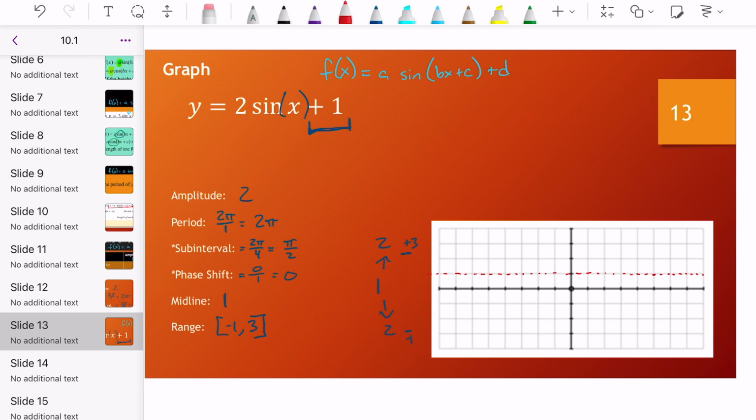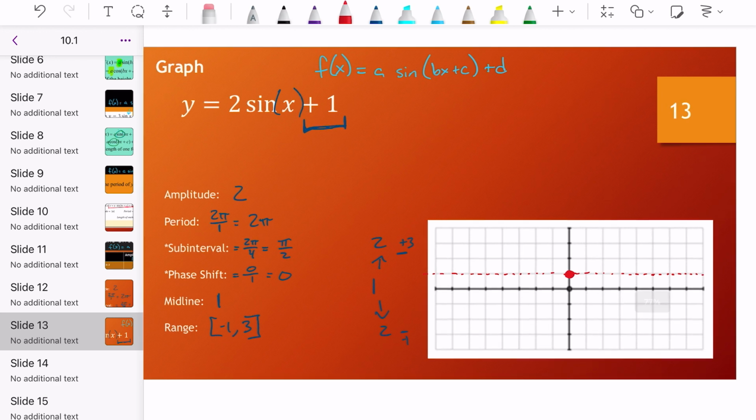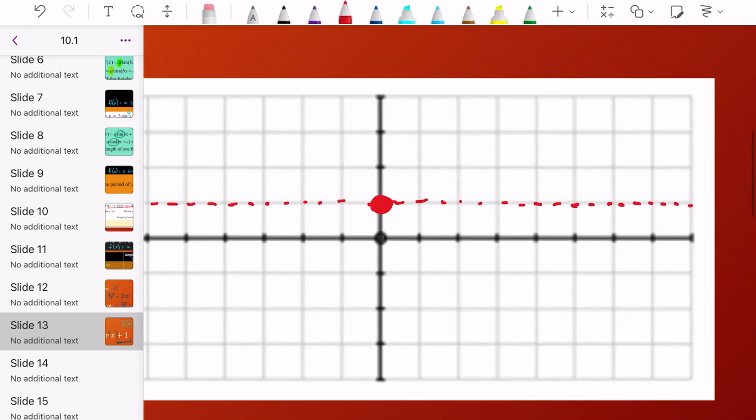Because we do not have a shift to the left, we are going to start at 0. Once again, we're going to go in increments of pi over 2. So this right here would be pi over 2, 2 pi over 2, 3 pi over 2, and 4 pi over 2.